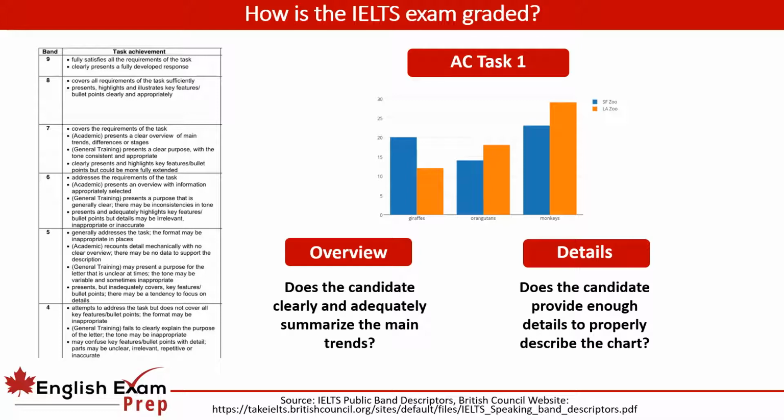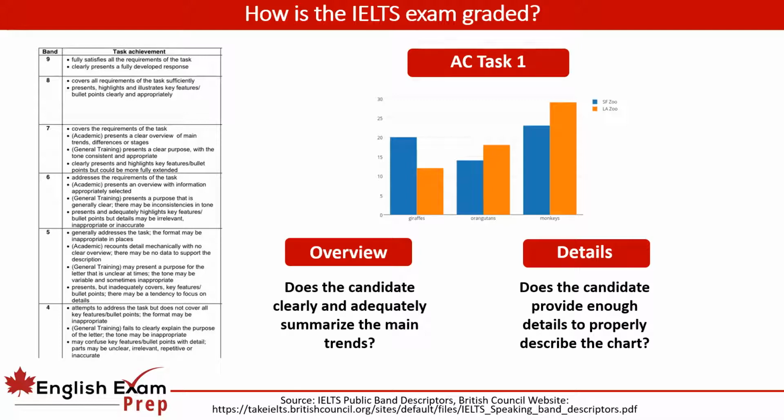So you can see this is a person who is definitely being mechanical in relaying the information for the examiner. Of course, we don't want to do that. There are ways we're going to use to make sure we don't fall into that trap and don't get a 5. A very clear sign is simply that there's no clear overview.